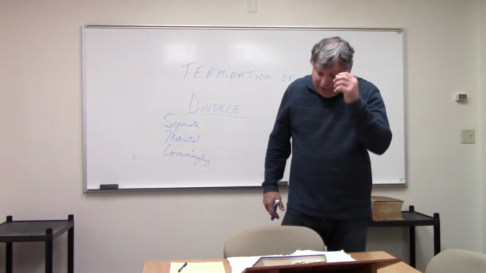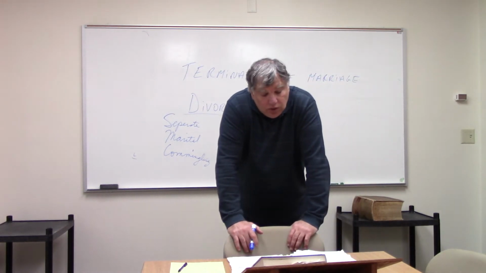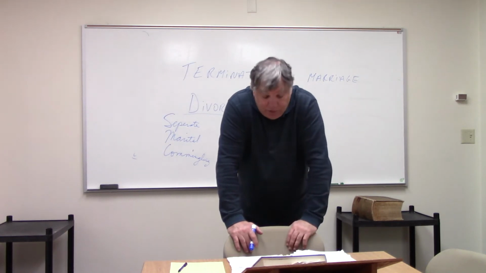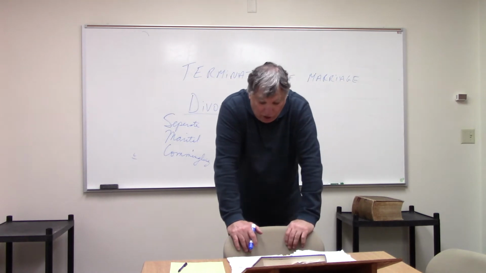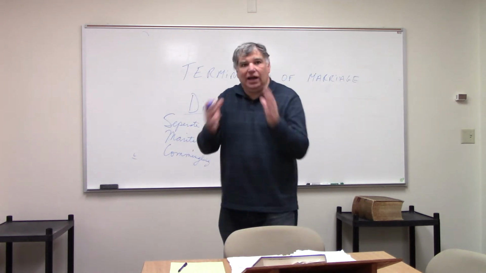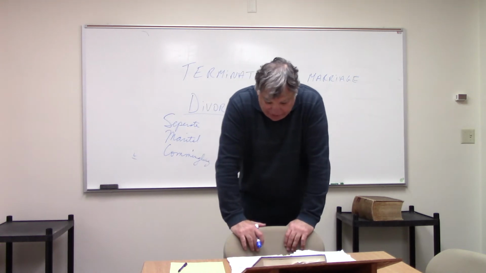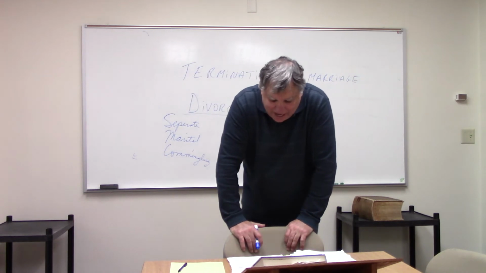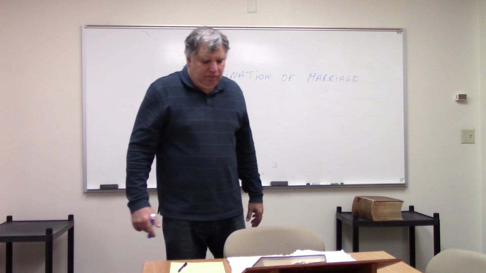Then we have this idea of commingling. So what's commingling? Well, commingling is when separate property, and you remember how we defined separate property before, and marital property are combined. So once they're combined, legally the courts will say it cannot be traced back to its original status. It all becomes marital property.